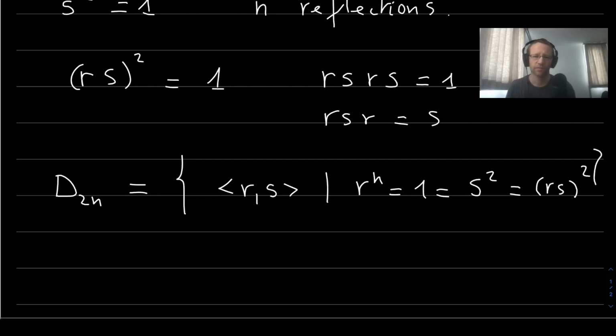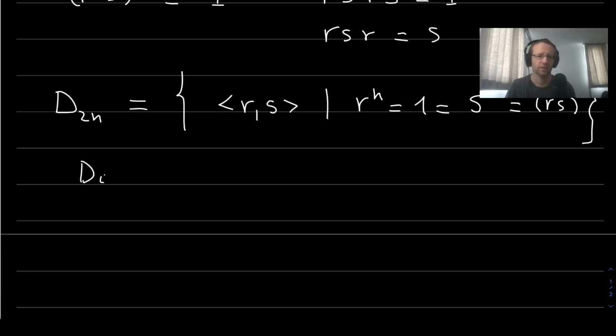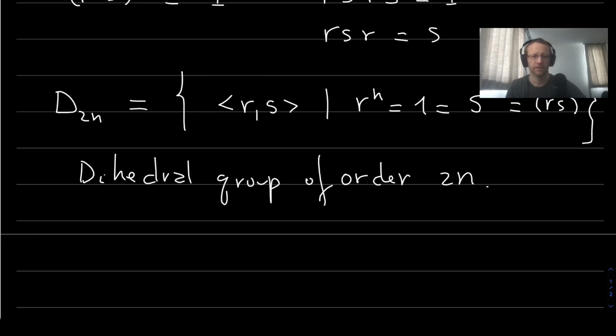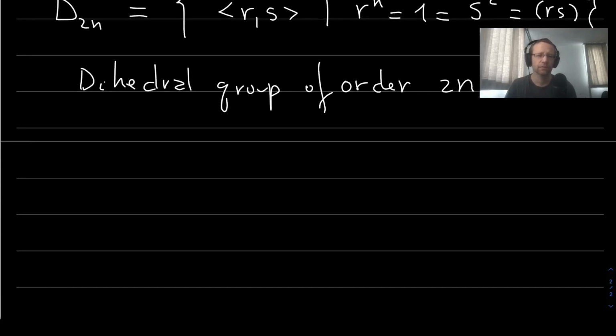This defines the group entirely. So this is that dihedral group of order 2n, which is the symmetry group of a regular n-gon. So this is an example of a Coxeter group, basically because it is generated by reflections.